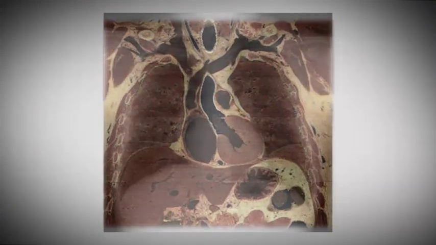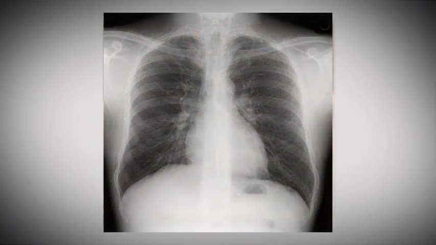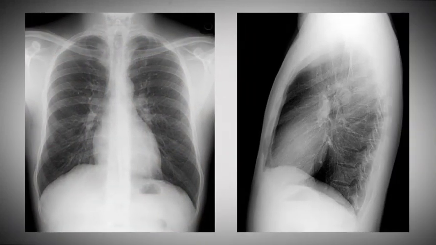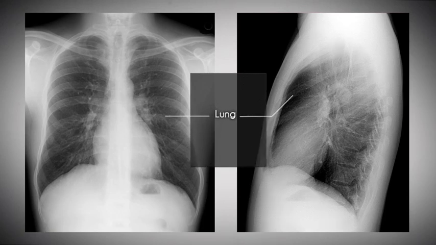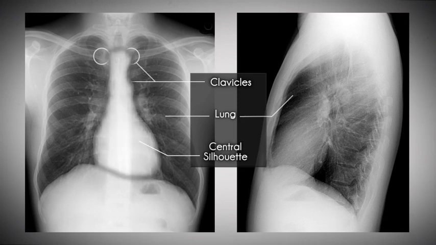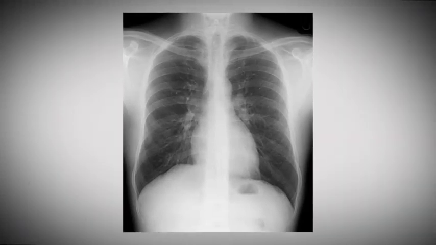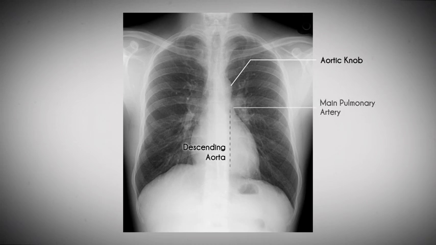In the normal posterior-anterior and lateral chest X-ray films, some of the same structures appear: the inflated lung and pleural cavity, the medial heads of the clavicle, and the central silhouette, which includes the heart and the great vessels. Also shown is the knob of the aorta, where the descending aorta is clearly visible behind the heart, as is the area of the left main pulmonary artery.